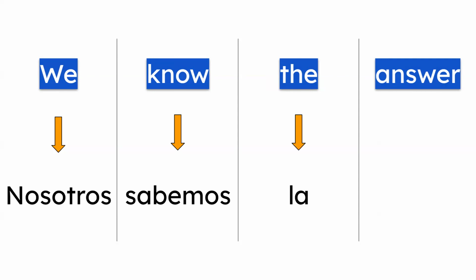And do you know how to say answer in Spanish? Question is pregunta, right? La pregunta. And the answer is la respuesta. Nosotros sabemos la respuesta. Muy bien, amigo o amiga. Muy bien.